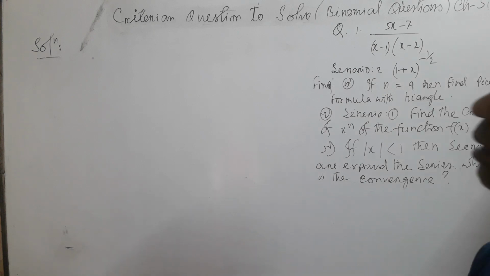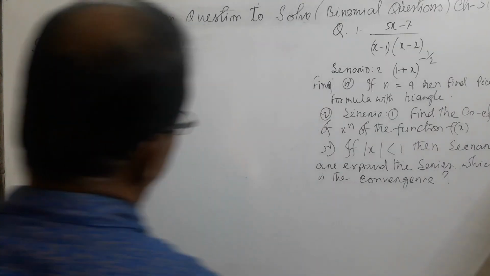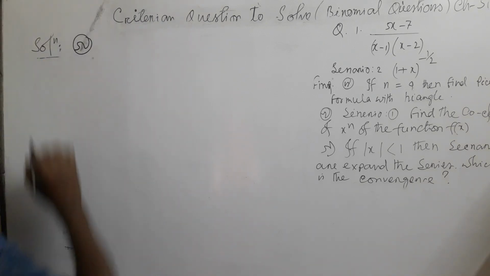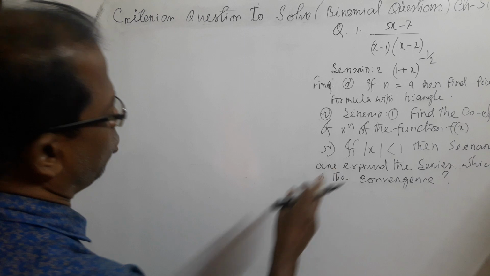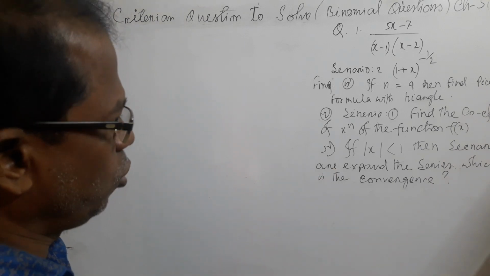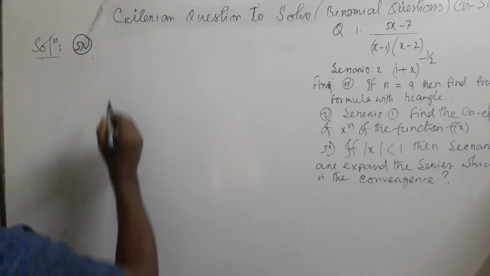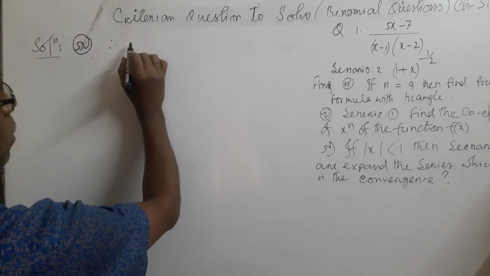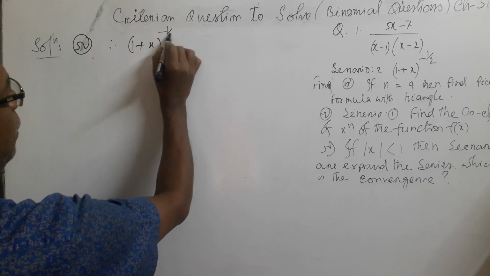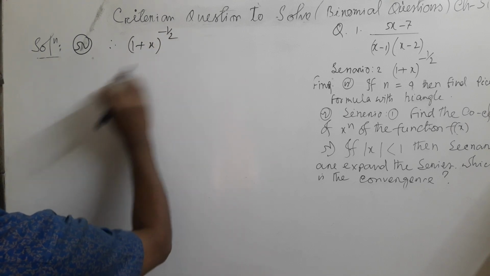Well, now we solve this third question. If modulus of x is less than 1, then the scenario is 2: (1 plus x) to the power minus n, minus half.